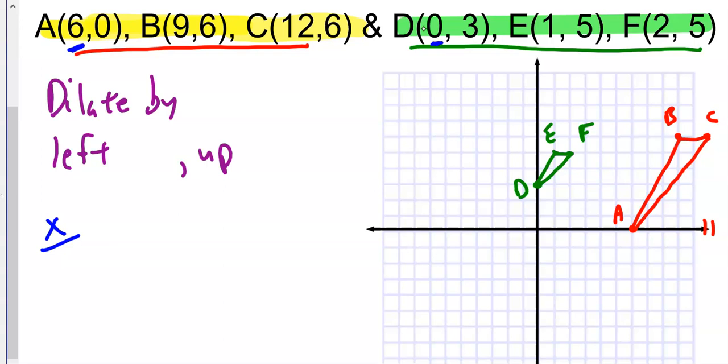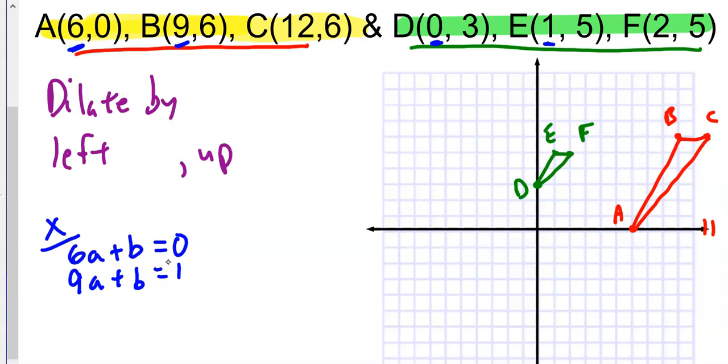We are thinking that we have a dilation going on here. So I have to take 6 times some value if I'm dilating it. I've got to add something to it to translate it, to move it left or right. We'll figure out again if these are correct. And then it's going to end up being 0, because I'm taking this 6 value and doing a transformation to get 0. Well, now I got to do it again with another x value. So 9 times some dilation a plus something to get me over to 1.